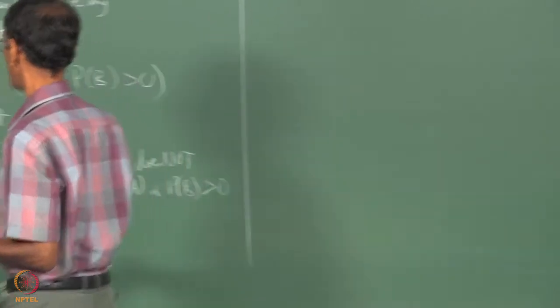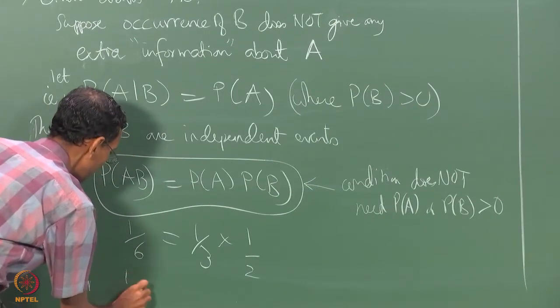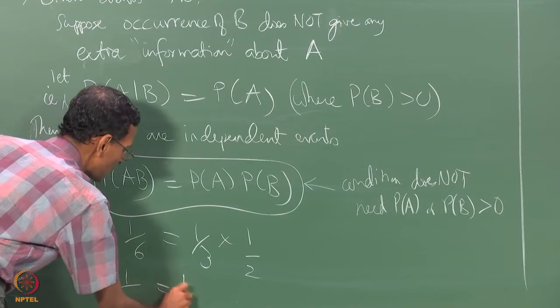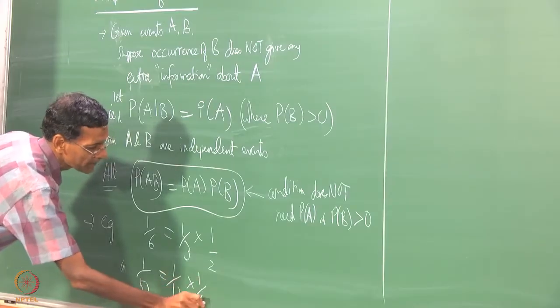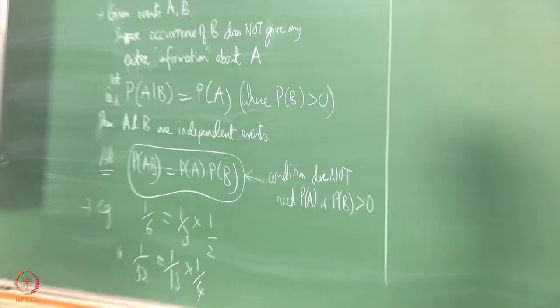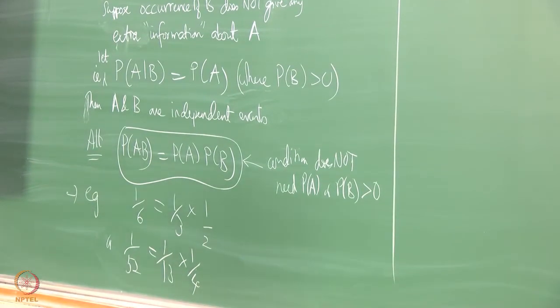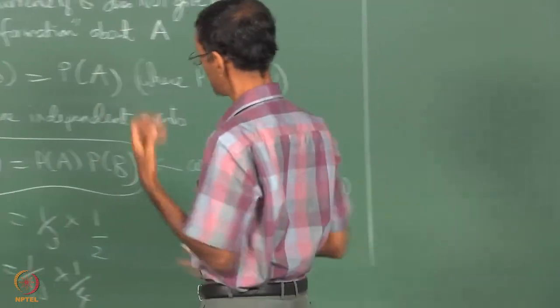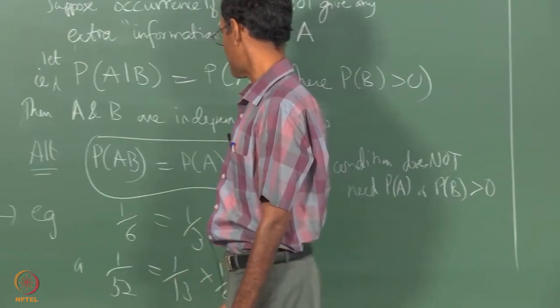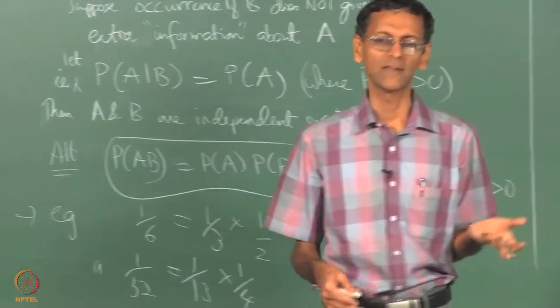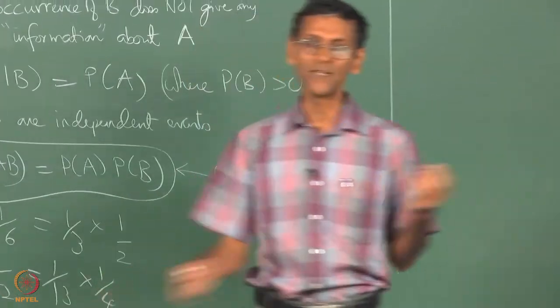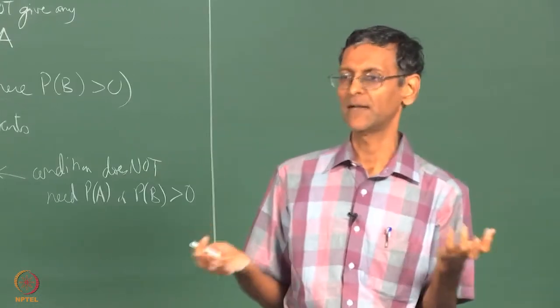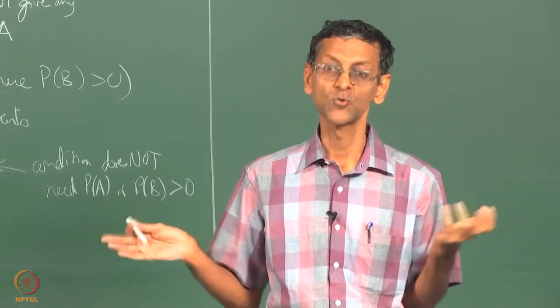Or for example, you have 1/52 equals 1/13 into 1/4. This is an even more obvious case, and I don't have to construct the full example. I think you can do it by yourselves. So the 1/52 would be a specific card in a 52 card deck, and 1/13 would be the suit that it represents, and the 1/4 would be the face value of the card. Whatever it is, ace to 2.